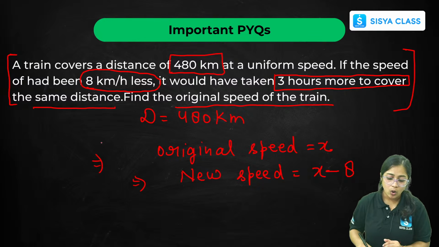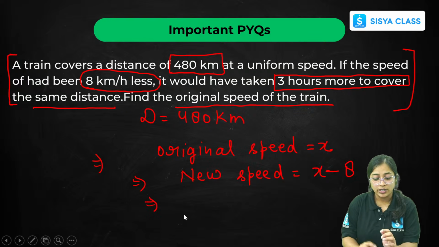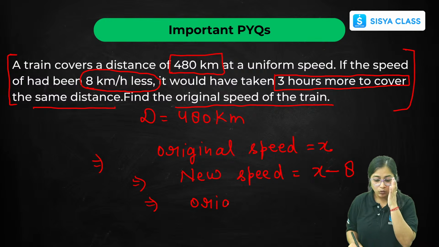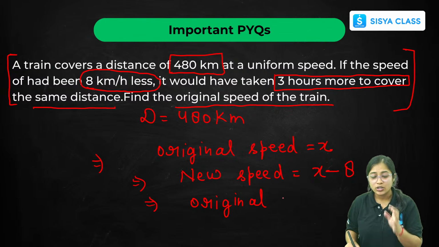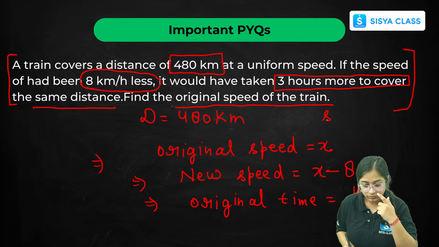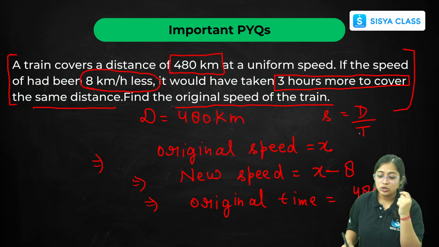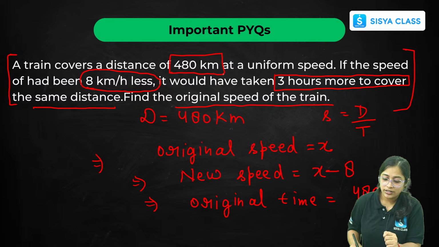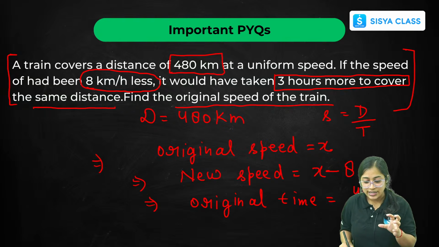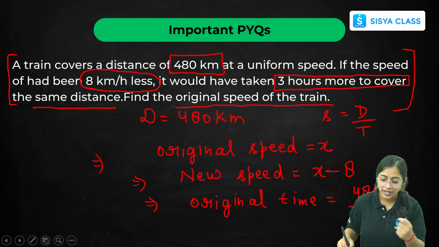Okay, now what is the original time we have? If the speed is x, then what is the original time? So time equal to, we know it is distance upon speed, right? So original time is 480 upon x, right?